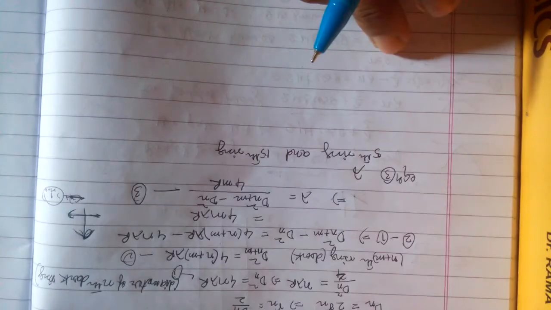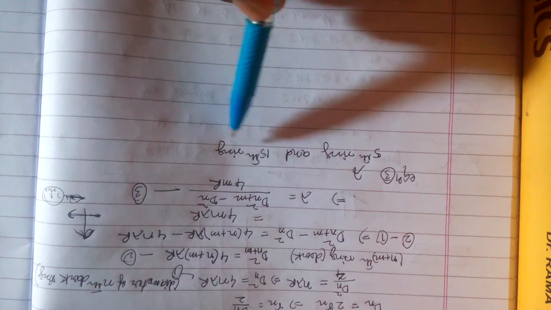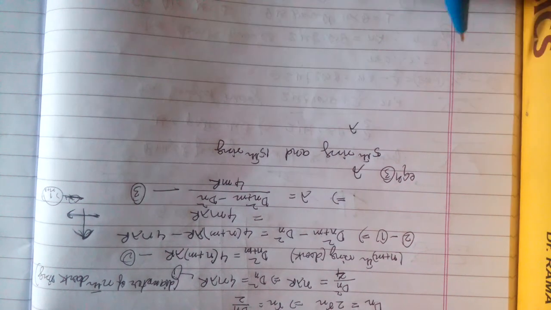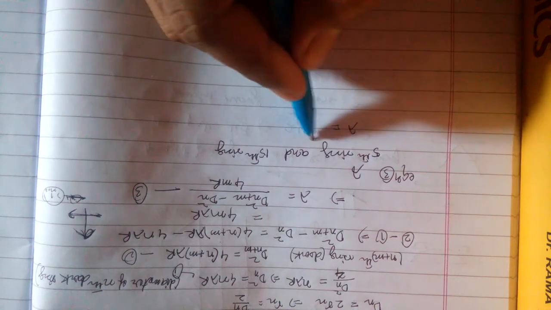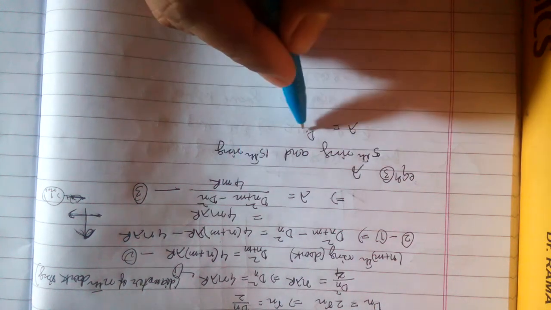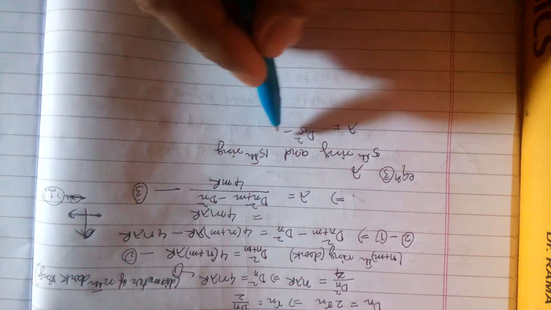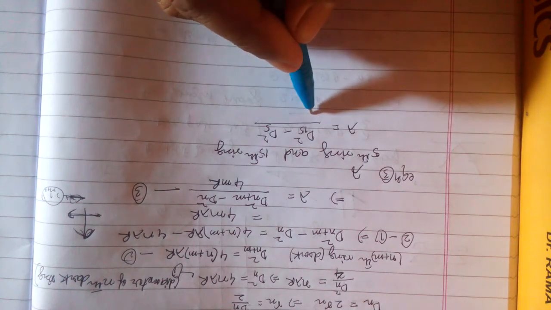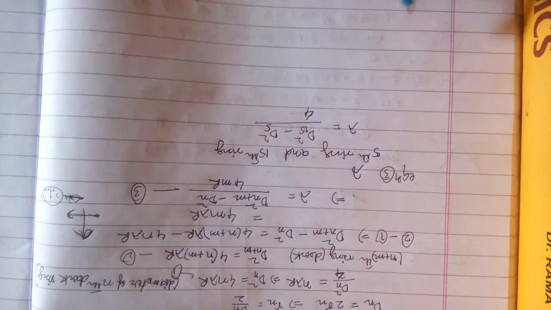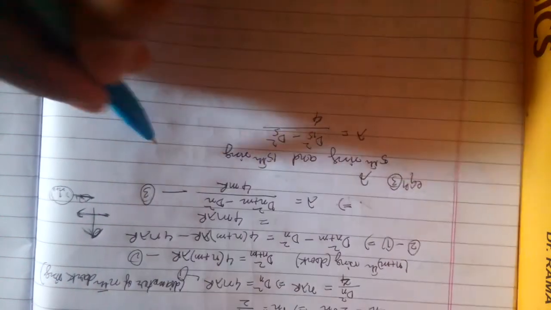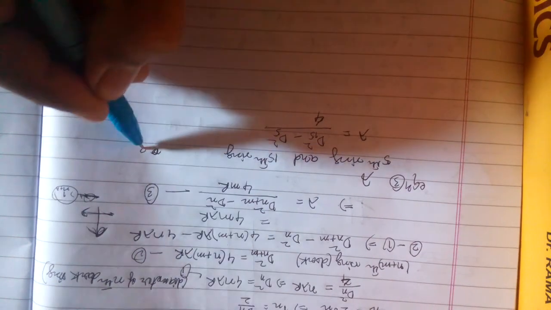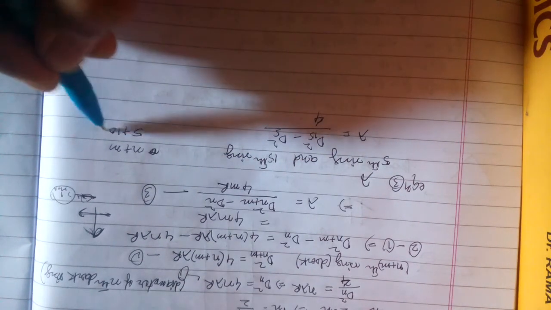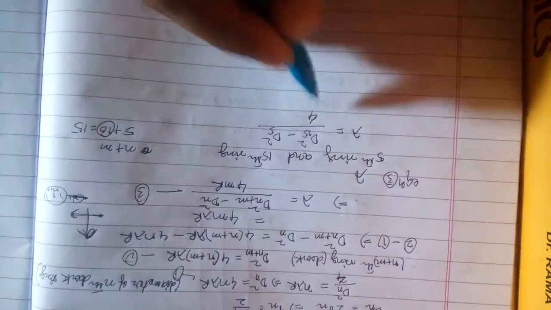So suppose n is the fifth ring and n plus m is the 15th ring, then from this expression lambda can be written as D_15 squared, that is the n plus m ring, minus D_5 squared, divided by 4 m R. What is m? We know n plus m: n is 5, plus m is 10, gives 15. So the m value is 10.